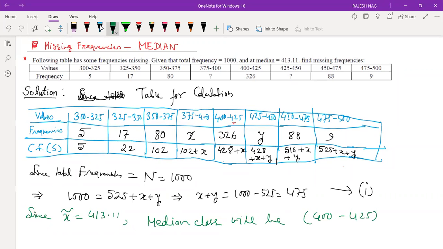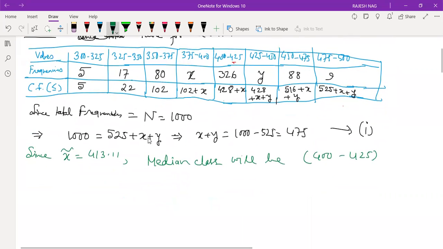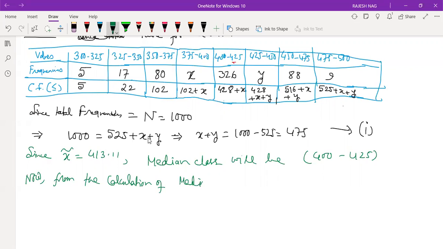Now using the formula of median, what do we have? From the calculation of median, we know x tilde equals 413.11.